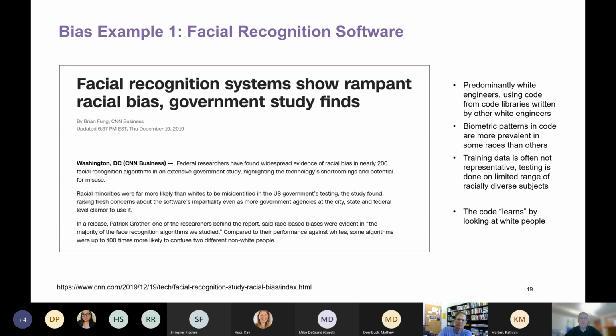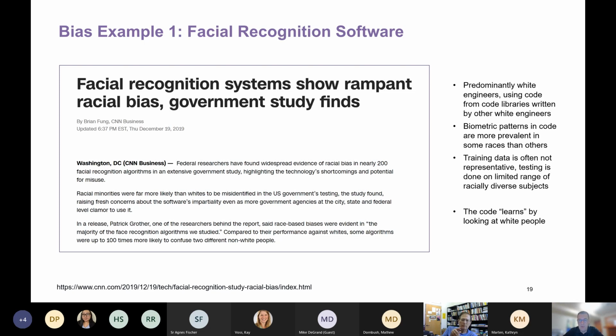I'm going to walk you through a series of examples now that show how specific technologies also have bias. The first one is facial recognition software. Facial recognition software is used, for example, in law enforcement.